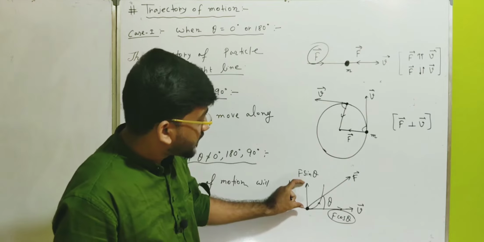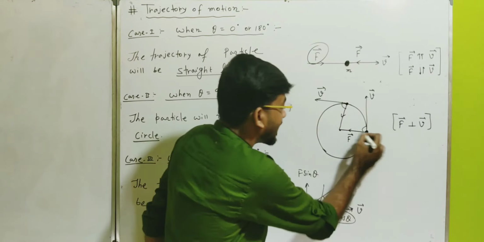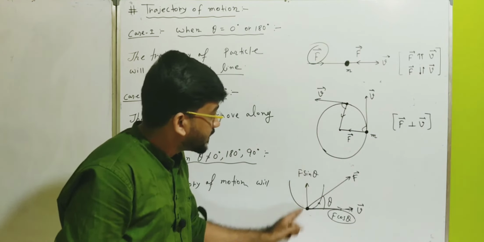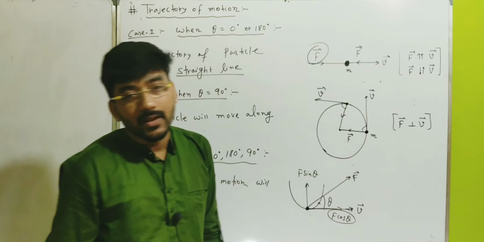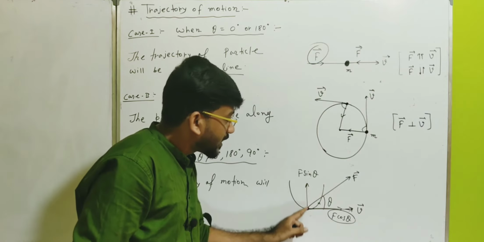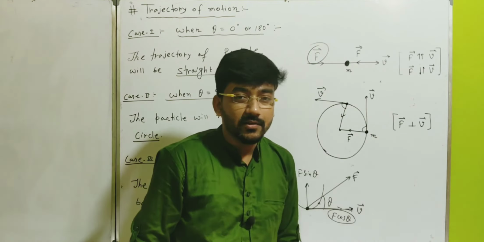But F sin theta is perpendicular to v, like the circular motion case where F is perpendicular to v. So F sin theta plays the same role and will try to move the particle along a circular path, while F cos theta will try to move the particle along a straight line.